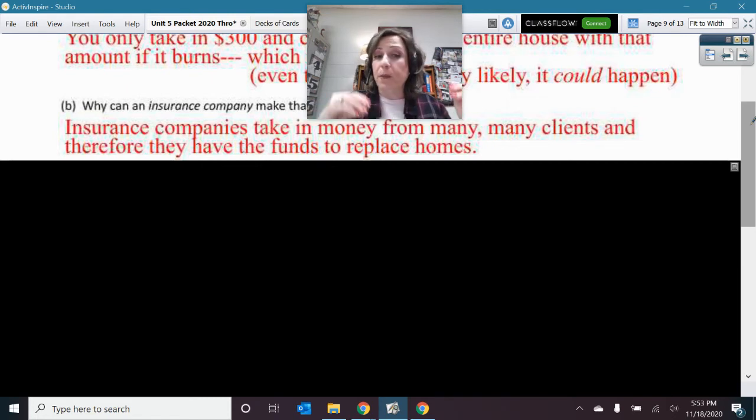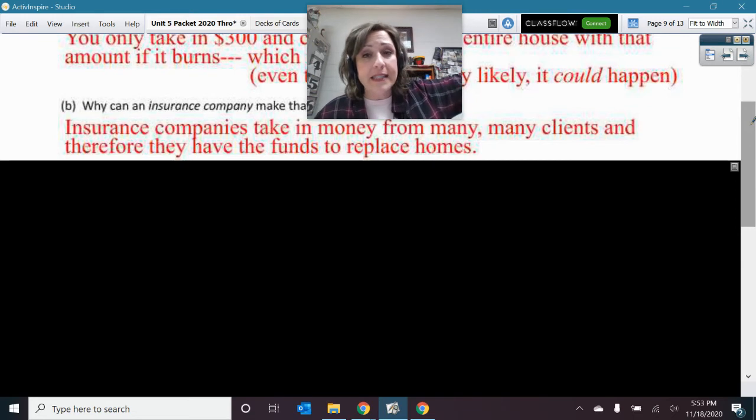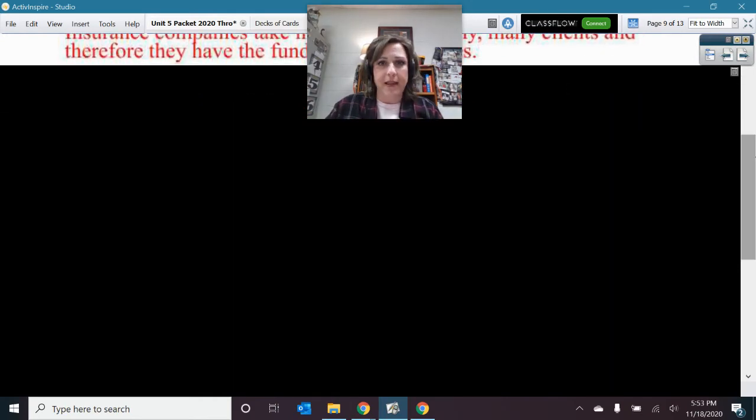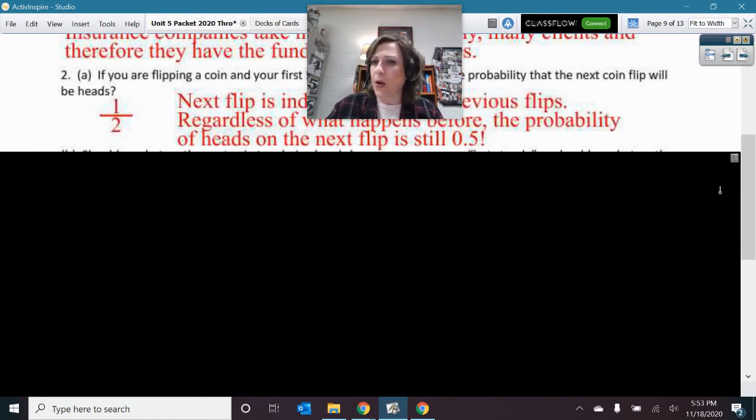So they know the probability of homes in this area or that area having tornado damage or fires or whatever it is, or hail damage to roofs. They base the premiums you pay on how frequently they expect, in the long run over the course of many, many clients, those payouts to happen. That's how insurance companies make their money.